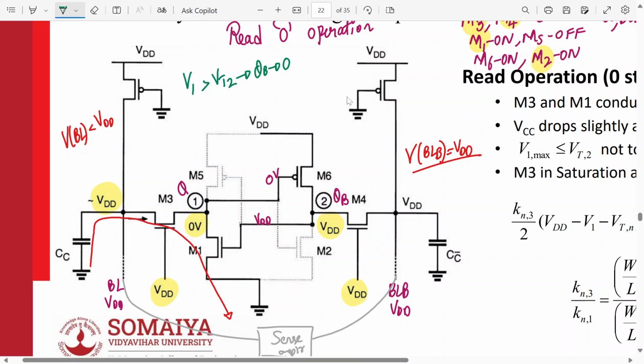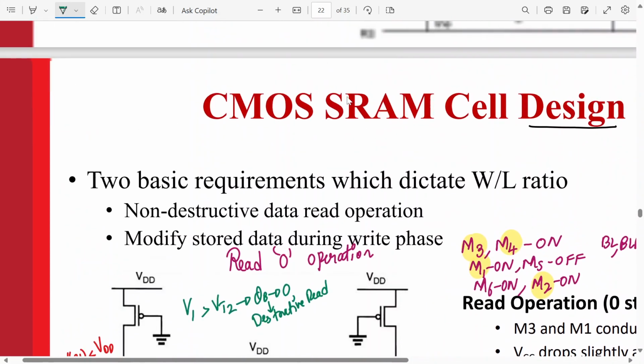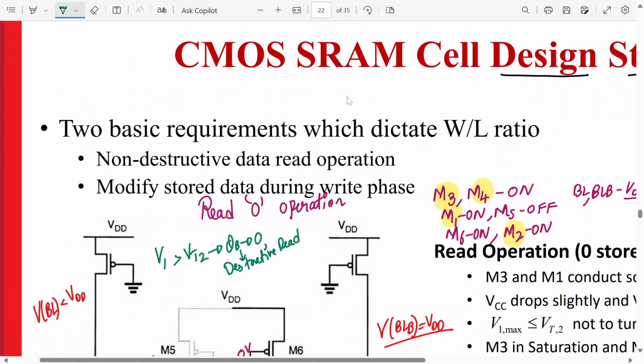Yes or no? And that will lead to wrong data. So this is called destructive read operation. Destructive read means already stored data is getting disturbed. So the first condition in the design requirement is that it should be non-destructive.